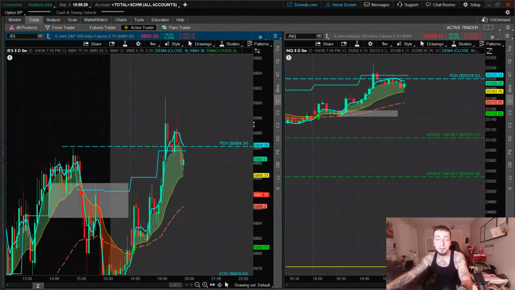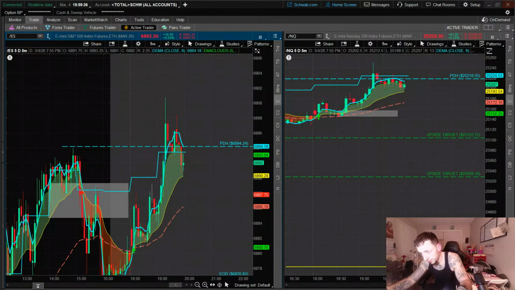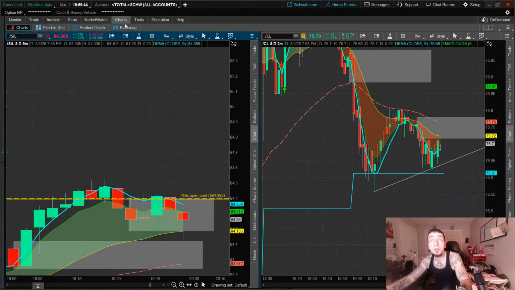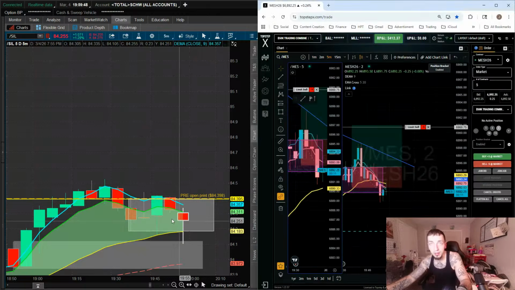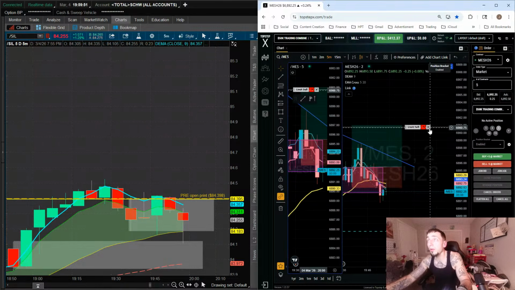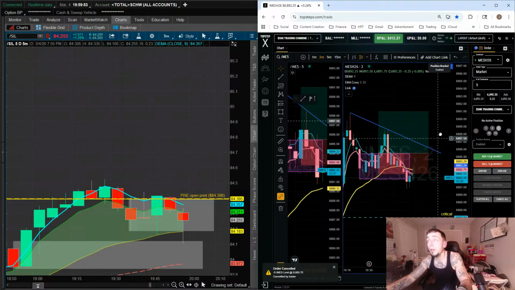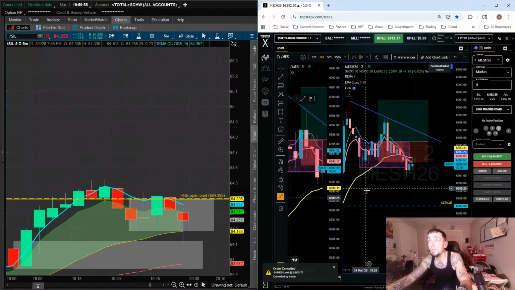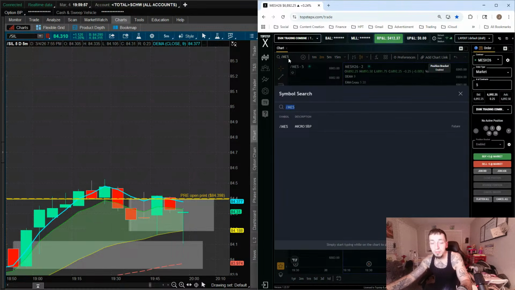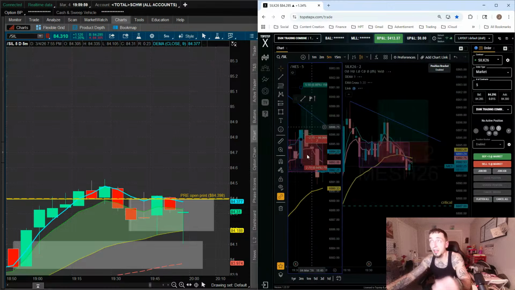Still nothing pretty. Watching the longs on silver, actually. Oh, get rid of that. All right, let's see if we make this $1,000 night here.